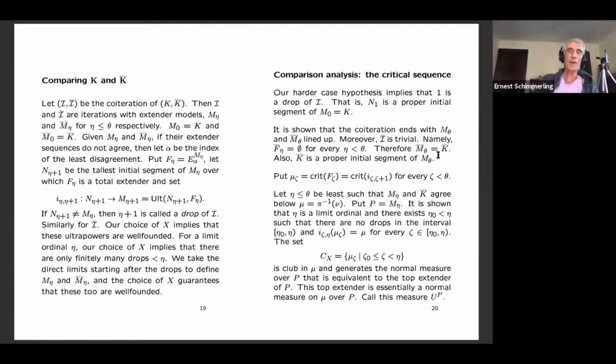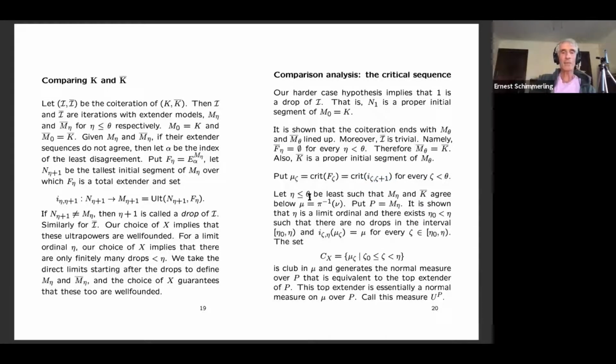And since K bar is sound and M theta is not sound, K bar is a proper initial segment. Okay, and then let's put mu zeta equal to the critical point of the extender you used, the extender you chose from M zeta. That's the critical point of the next iteration map.